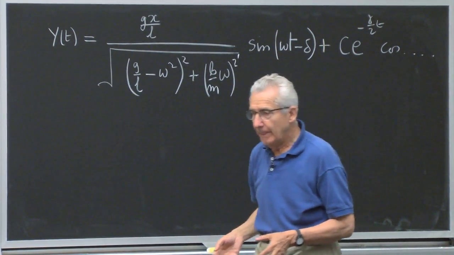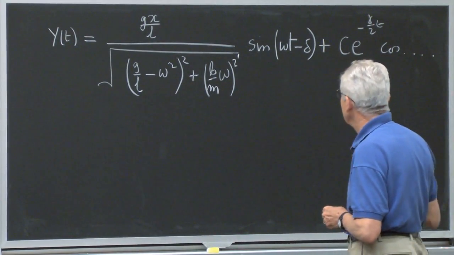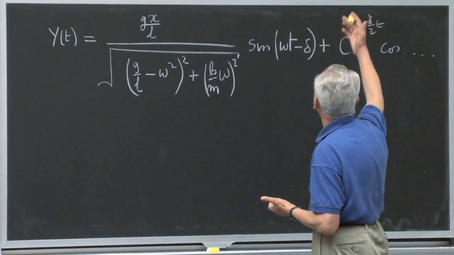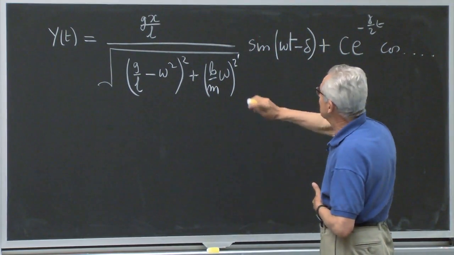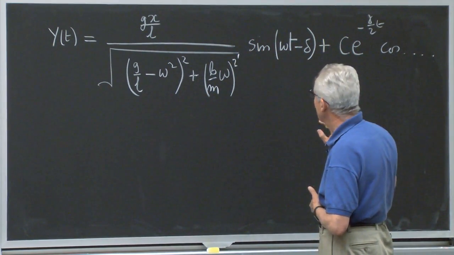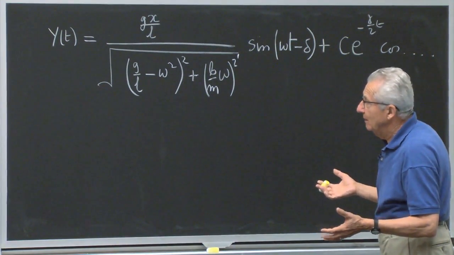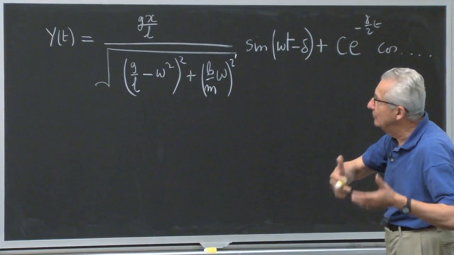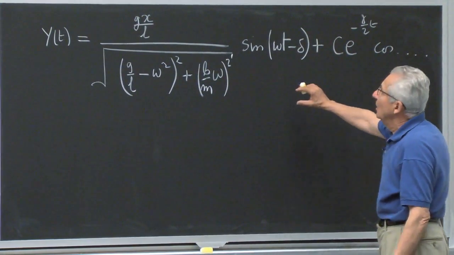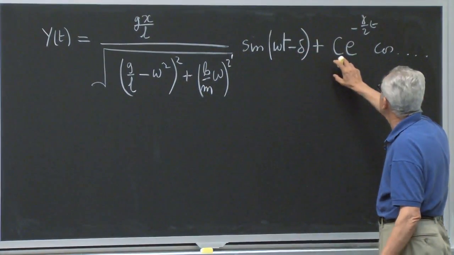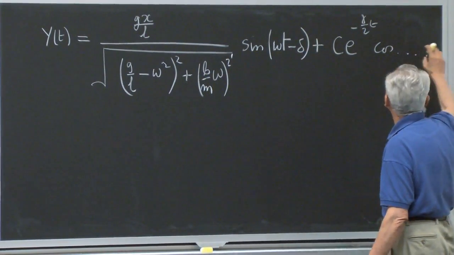So, what we see here, as before, is that we can get what this mass will do as a function of time. And as before, I don't want to just go round and round repeating the thing. In order to solve, everything here is known except the c and this phase here.